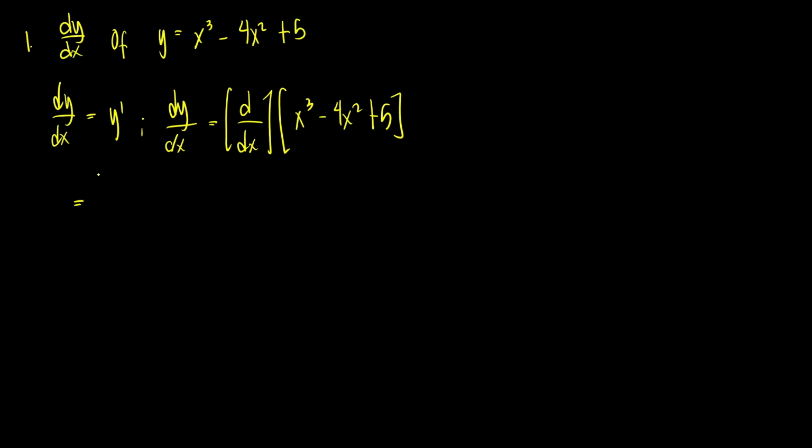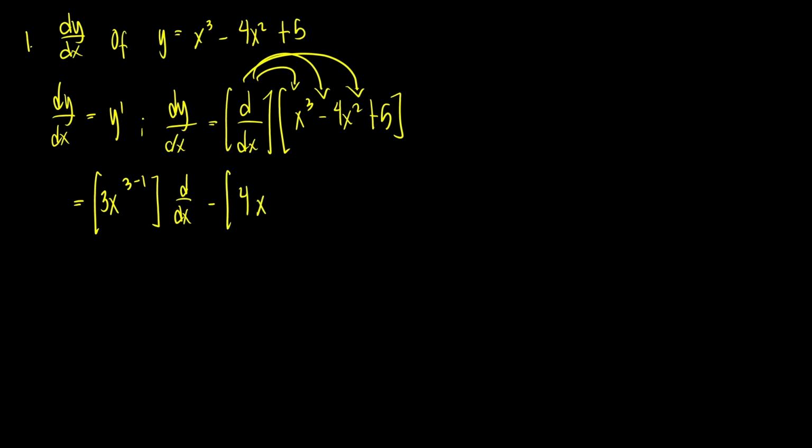So we have x cubed, bring down the 3, 3 minus 1, and then d over dx, you just distribute it, and then minus 4x squared, let's bring down the 2, x to the 2 minus 1, then d over dx, plus 5 d over dx.